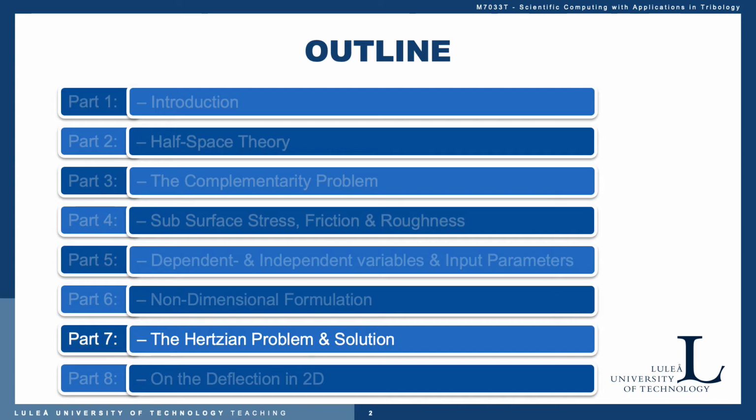We're going to pay some attention to the dimensionless load and interference, and then we will discover the Hertzian universal solution, and then in the end there will be an exercise for you on the Hertzian problem in 2D.